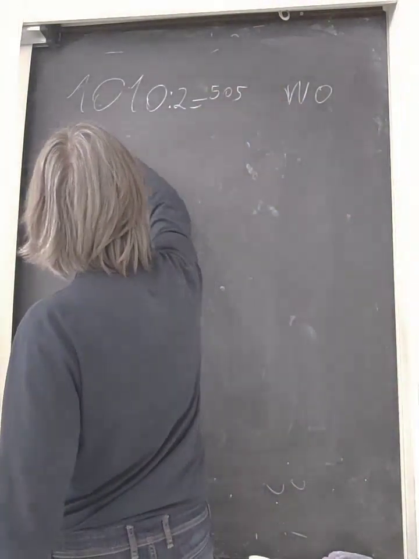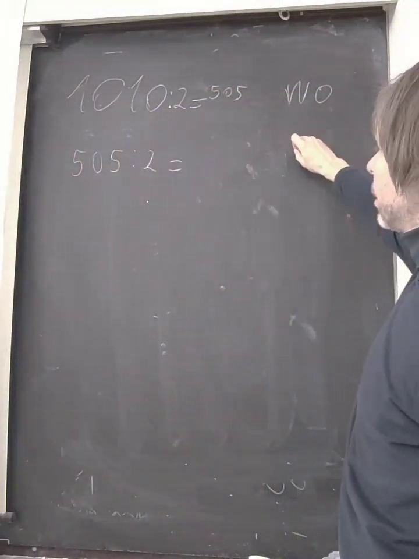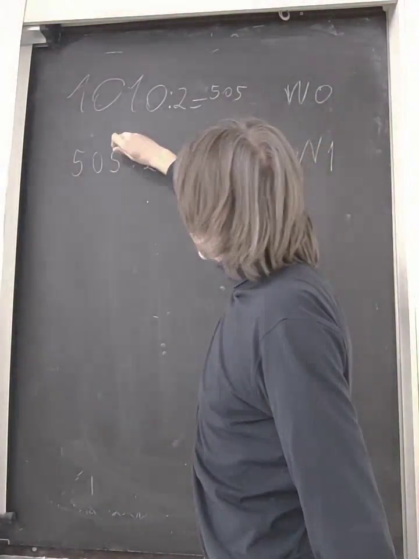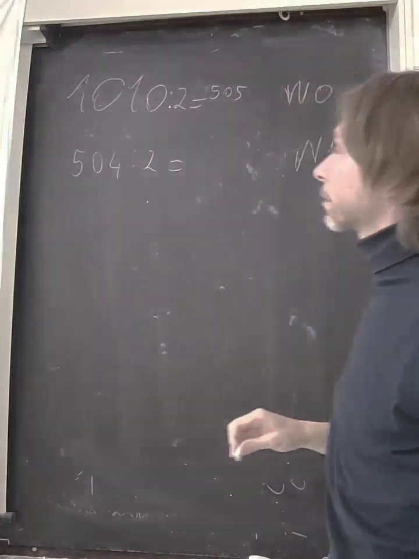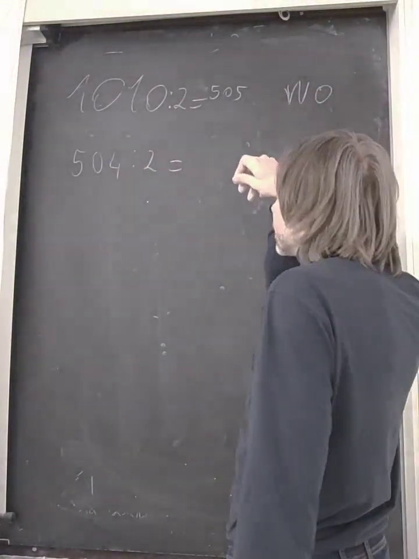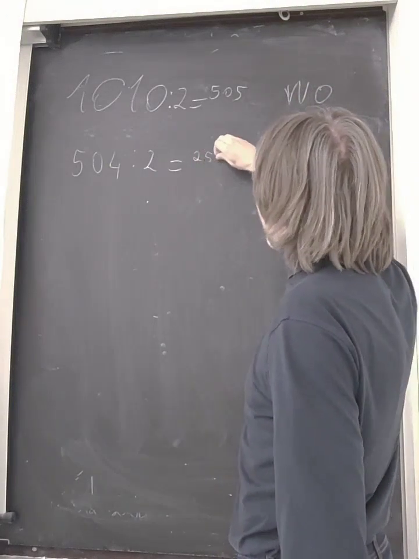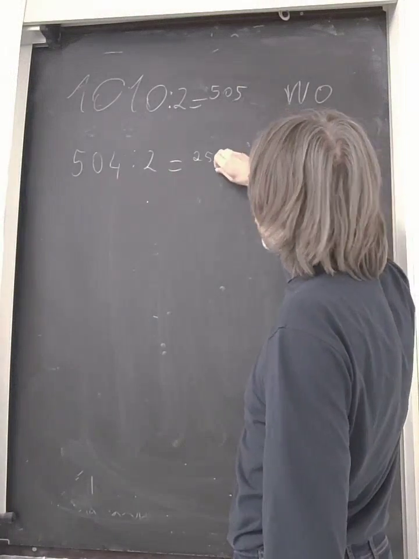And I can continue. 505 divided by 2. I have a waste of 1. I lower it, and it becomes 4. Then the half of this number is 250, the half of 500, and the half of 4, which is 2.